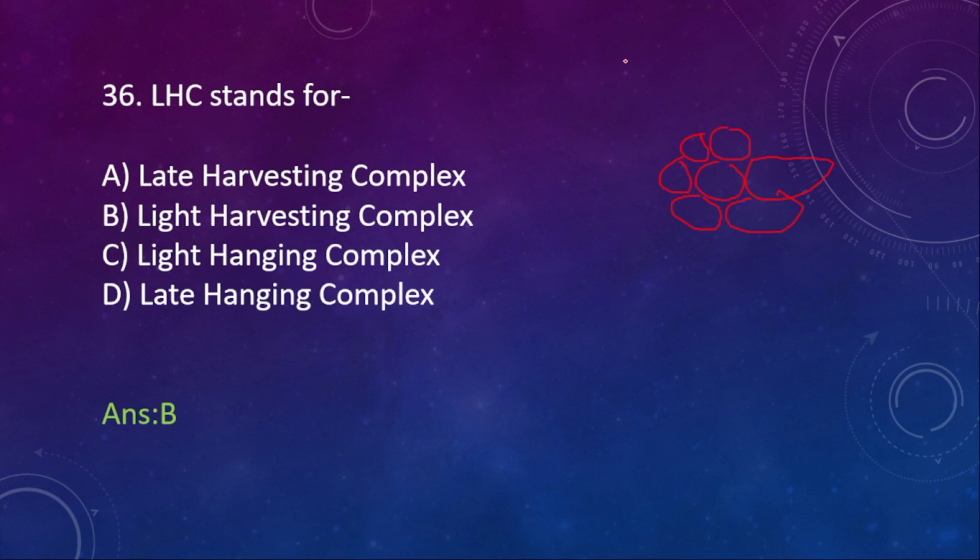Whenever the photon is exposing, sunlight is exposing, whatever the absorbed energy is there, no, it is going to be passed to the adjacent molecule or else adjacent pigment, and then finally it is going to be handed over to the chlorophyll A. And whatever this harvesting is there, no, means absorbing of the light from all the pigments in different wavelength, that harvesting, and then finally it is passing to the chlorophyll A. That kind of complex is called what? Light harvesting complex.